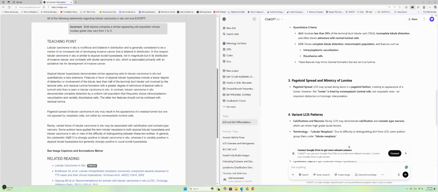In ALH, part of the lobular unit is involved by these atypical discohesive cells, but the other part is spared. Now, when you have more than 50% of the lobule involved by this neoplasia, that's LCIS. If it's less than 50%, that's ALH.